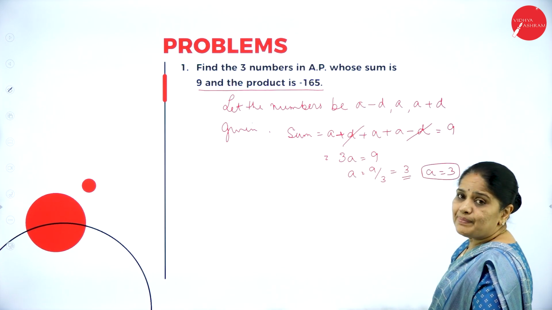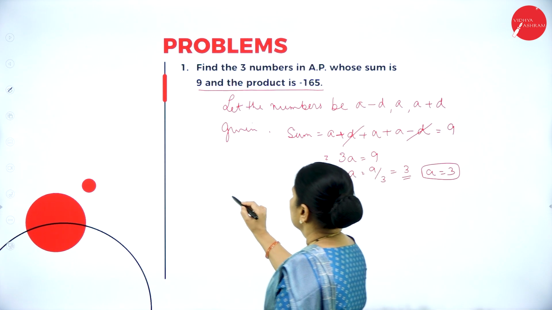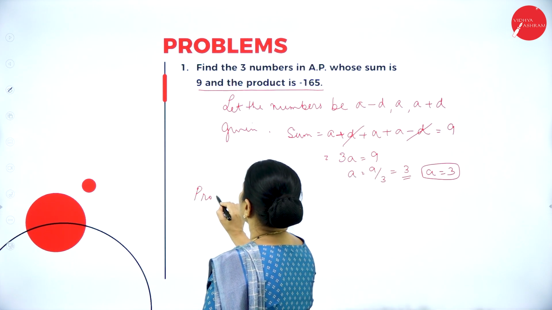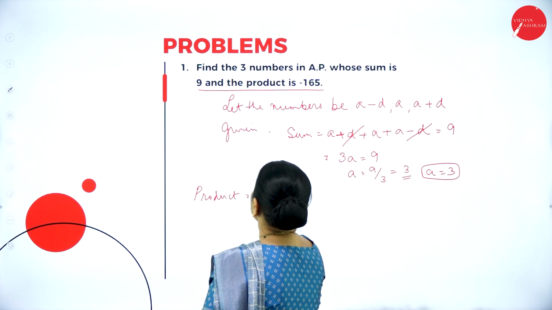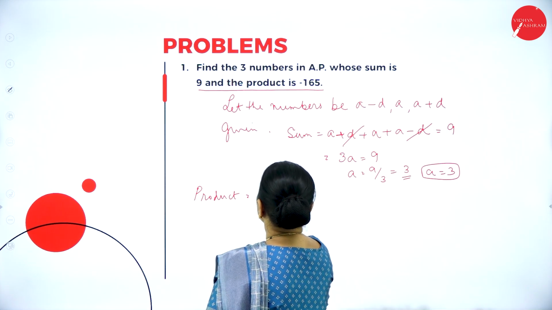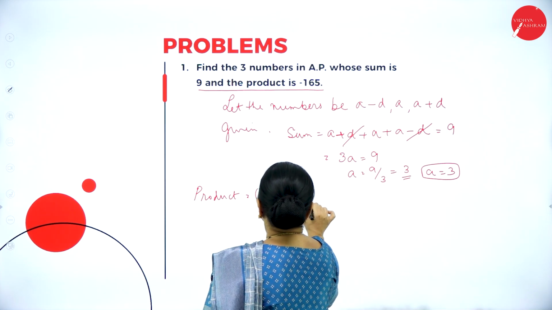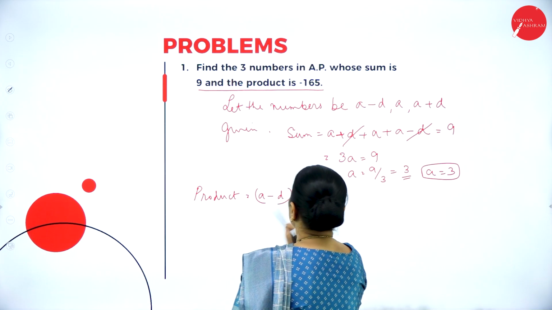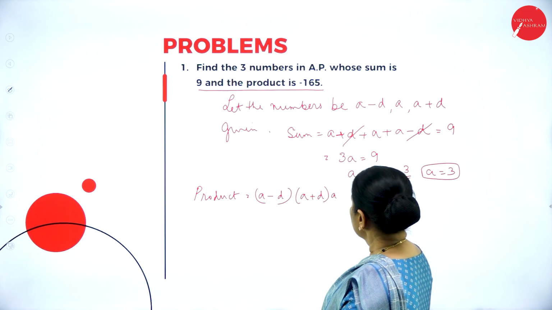Then product is minus 165. So product equals A minus D into A plus D into A. Yes?